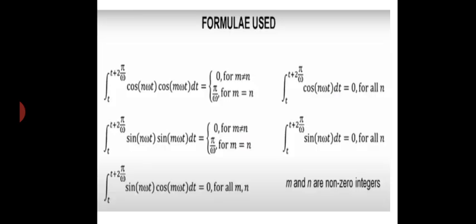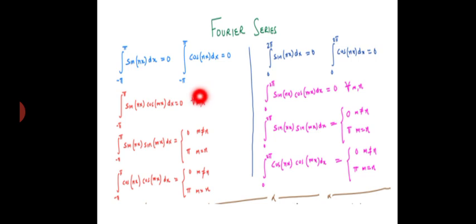I think you know about this formula, so please study it. The integral of sin nx dx from minus pi to pi is equal to 0, or from t to t1.